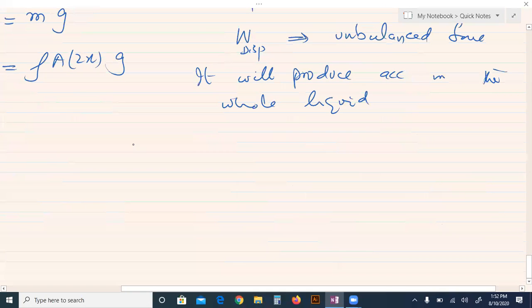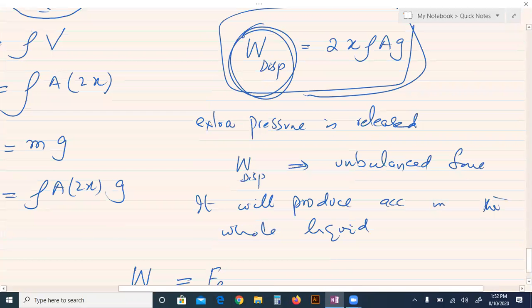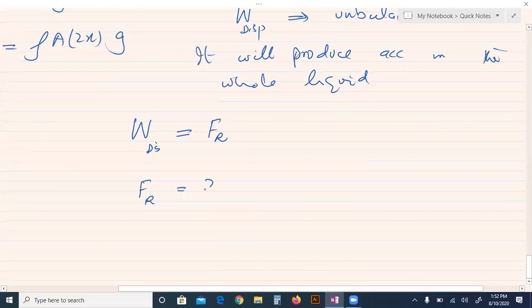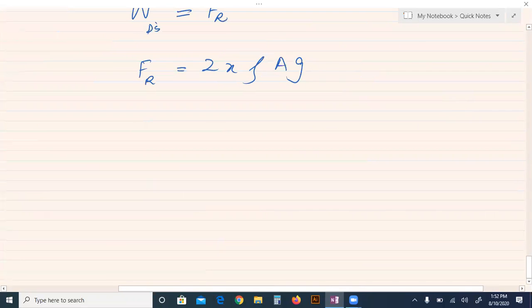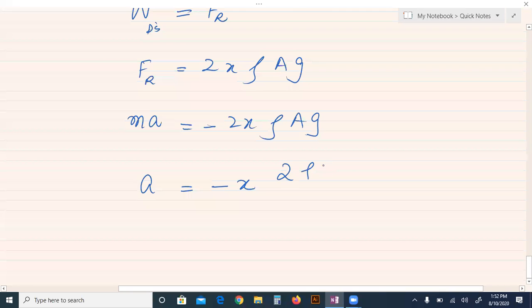So we can write that the weight of this displaced liquid is the resultant force. So the resultant force is equal to 2x rho Ag. According to Newton's second law, this resultant force is ma, and this resultant is restoring, so minus 2x rho Ag. So a is equal to minus x 2 rho Ag over m.